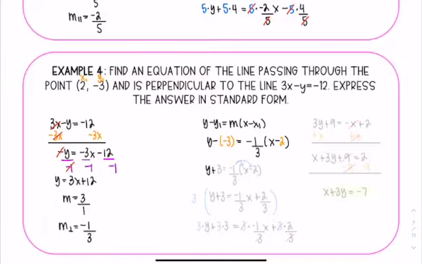So we got y plus 3 equals negative 1/3 times x minus 2. Let's go ahead and distribute the negative 1/3. So I get y plus 3 is negative 1/3 x. And then negative 1/3 times negative 2 is going to give me plus 2/3.